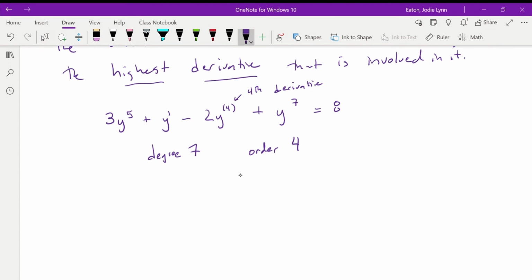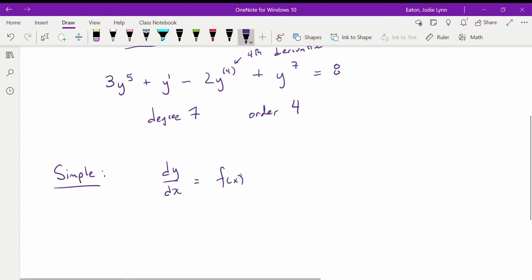A really simple differential equation that we have certainly seen before is dy dx equals some function. The derivative equals some function. So y equals the indefinite integral of f of x dx. Okay?